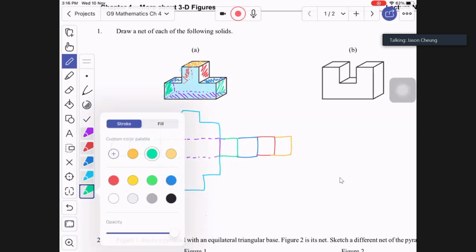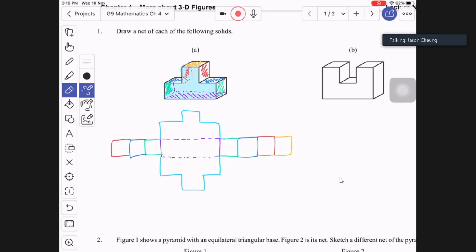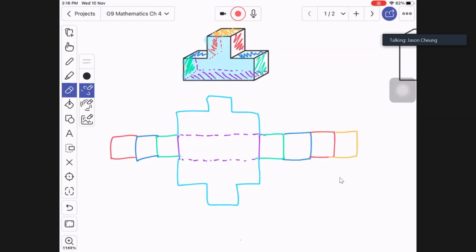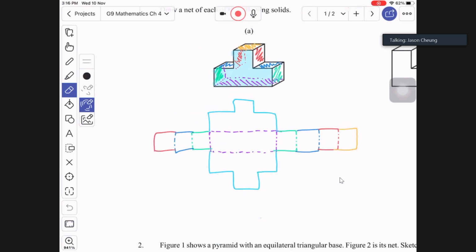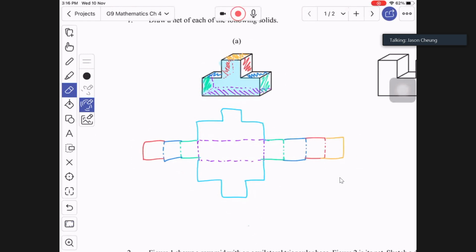But no, because we will try to erase something. Here you can see there are some solid lines, but I will erase them to become dotted lines. The dotted line here represents that we are going to flow this one.